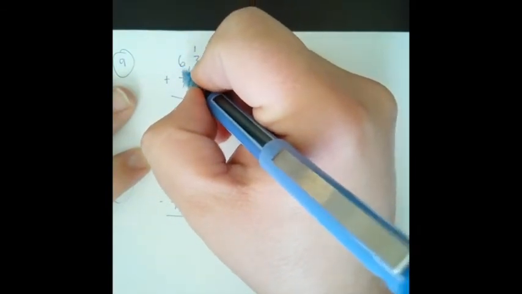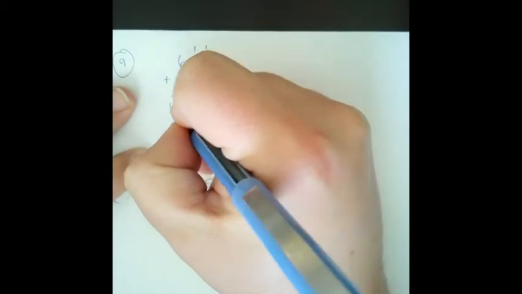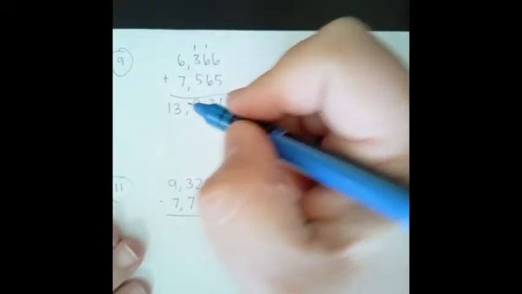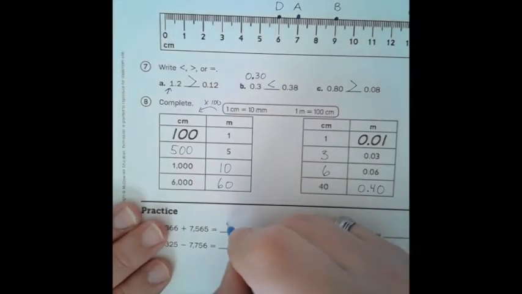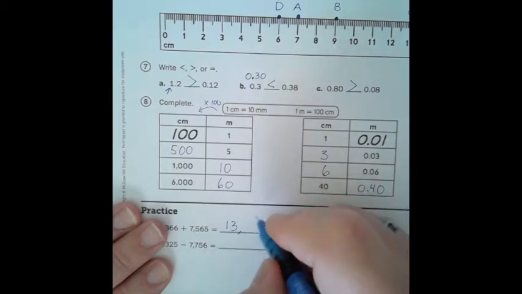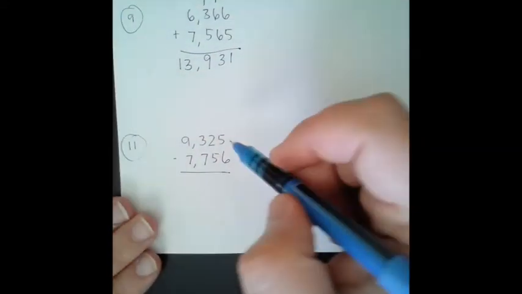And 6 plus 7 is 13. So our answer is 13,931. So I'm going to transfer that answer over. 13,931. And now we're subtracting for number 11.